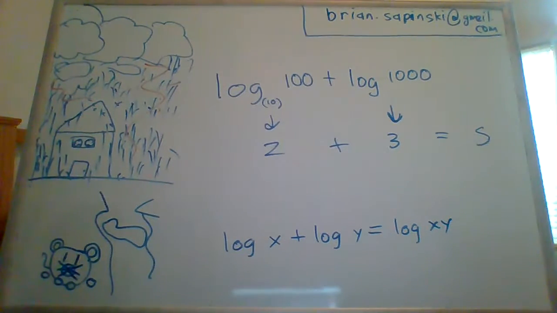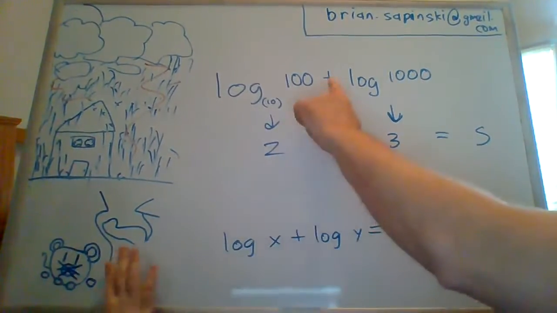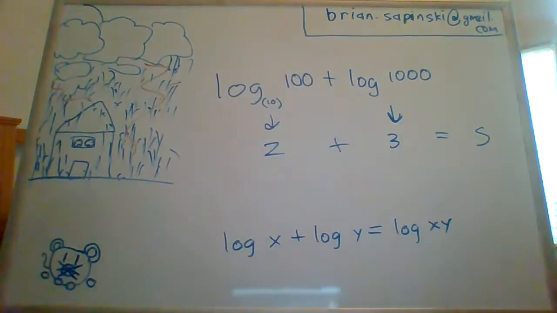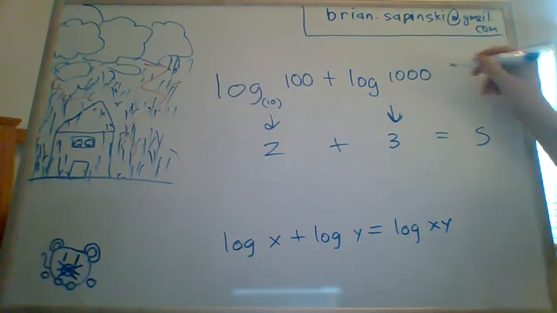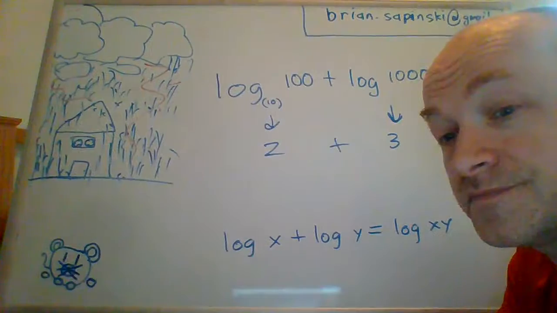So if we apply this rule to the sentence up there, Brianna, real quick on your calculator, multiply 100 times 1,000. Punch in 100 times 1,000.